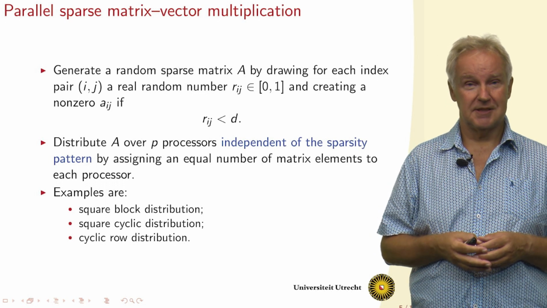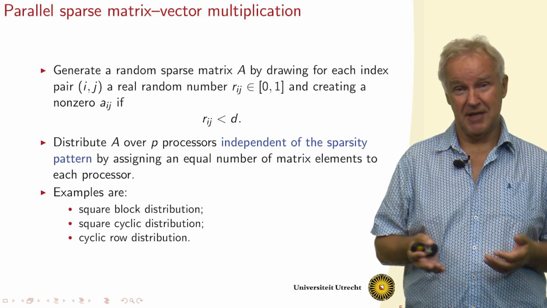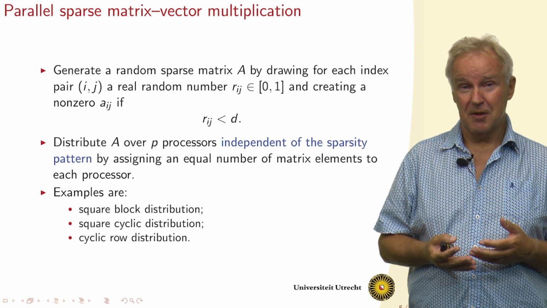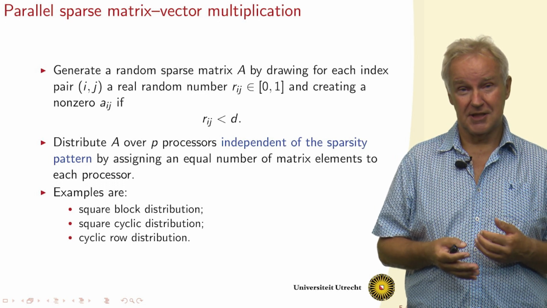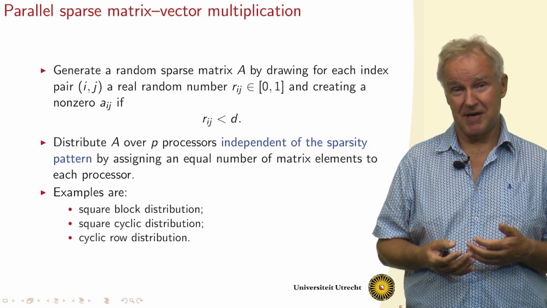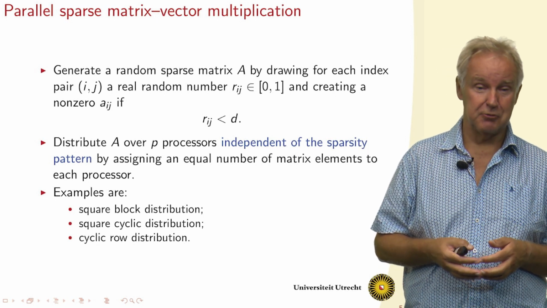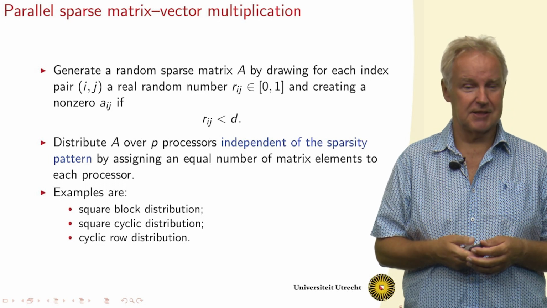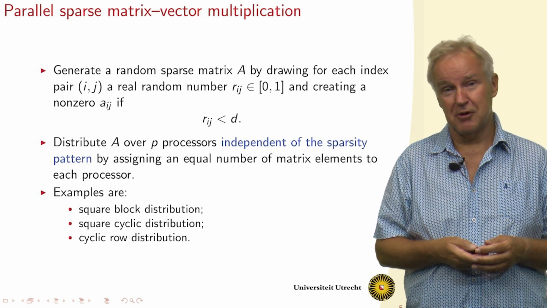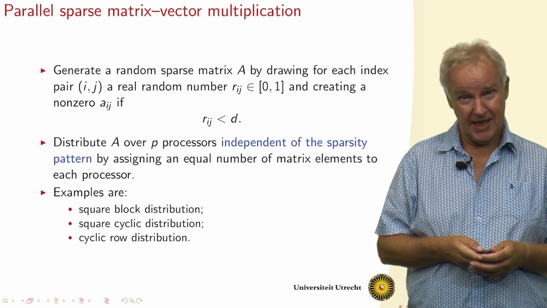And after that, we can distribute this matrix, for example, by using a distribution that's independent of the sparsity pattern. It could be a square block distribution, square grid distribution, square cyclic distribution, or a cyclic row distribution. And we can analyze the result.